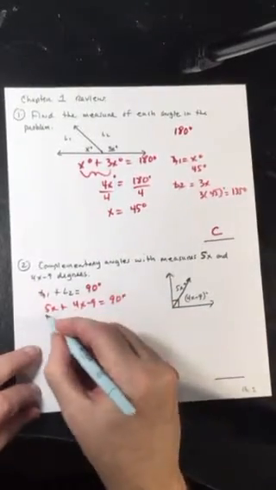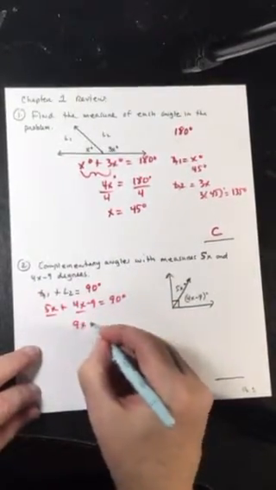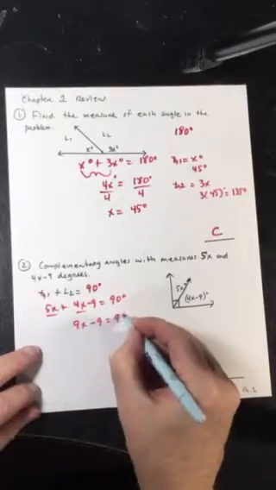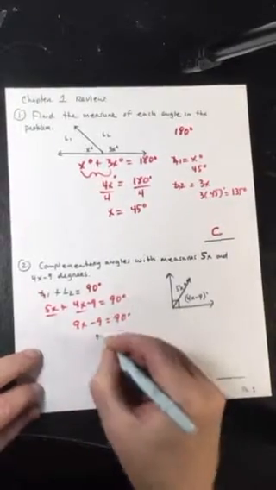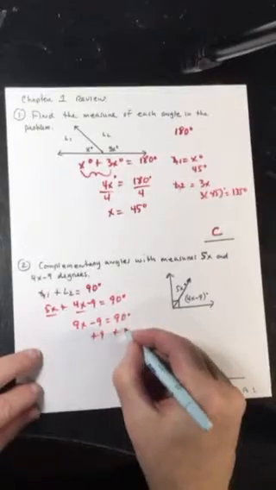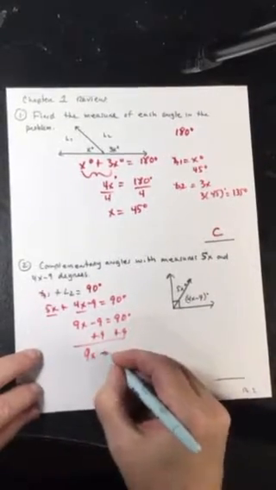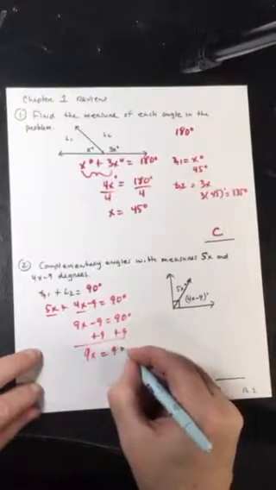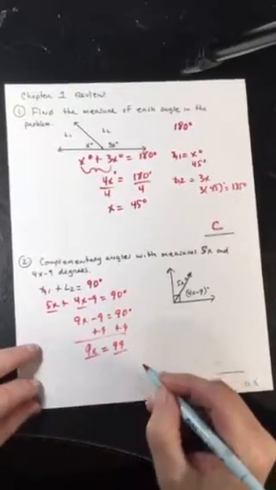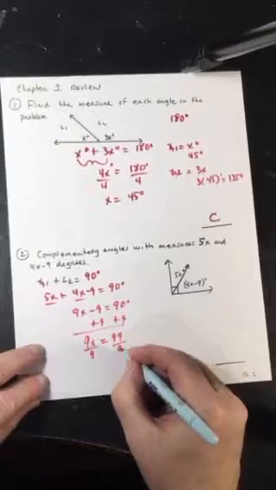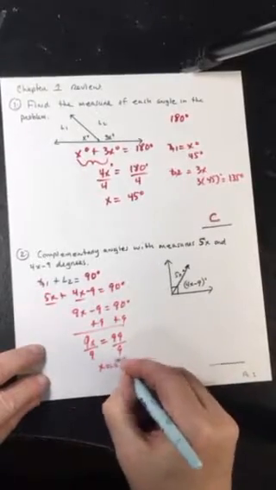Combine my x terms, I get 9x minus 9 is equal to 90. Add 9 to both sides. 9x is equal to 99. Solving for x, divide both sides by 9. X is equal to 11.